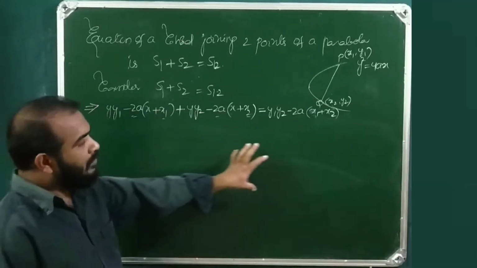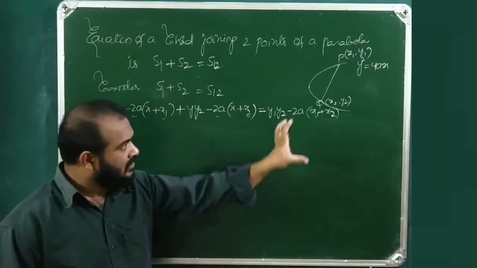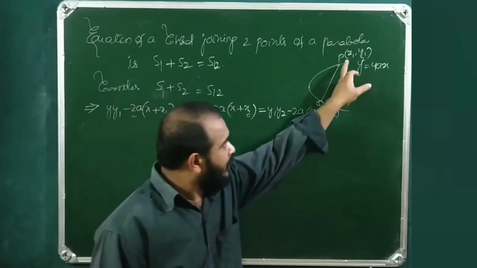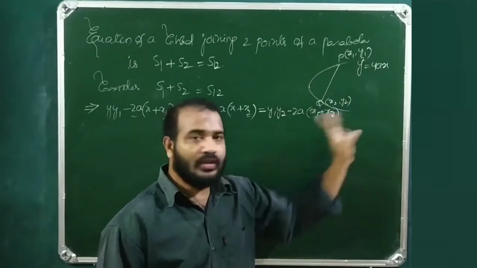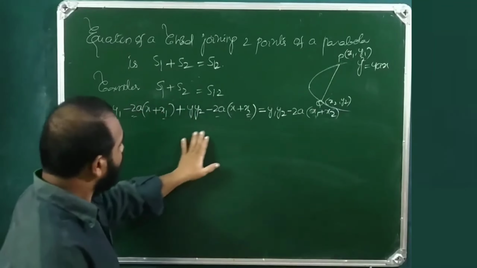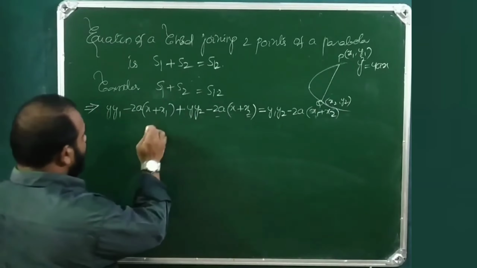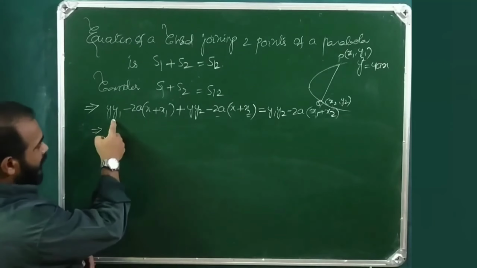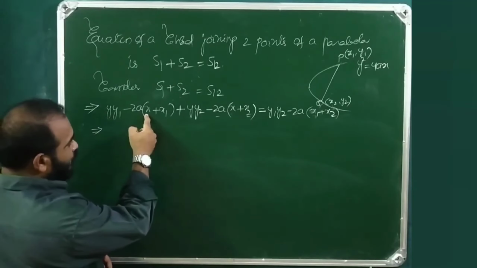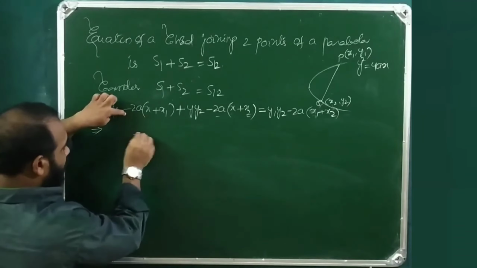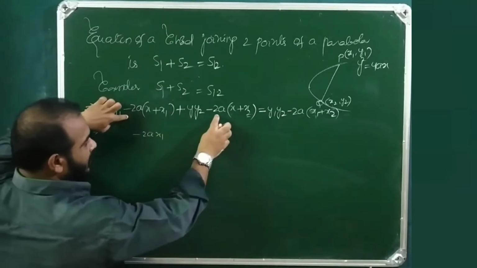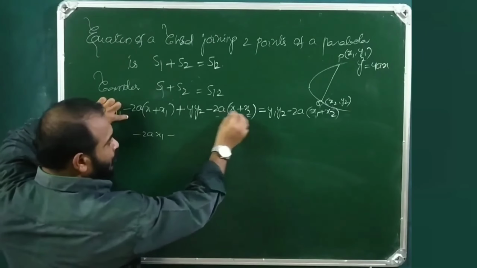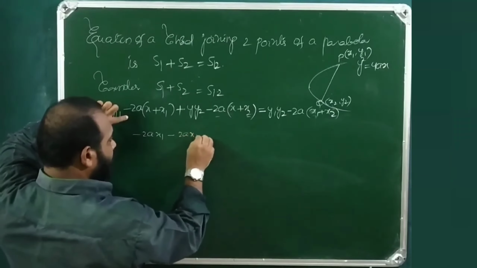So the intention behind doing all these things is just to say that P (x1, y1) lies on the parabola and Q (x2, y2) lies on the parabola. That's it. And if you see here, this is y1 y, this is minus 2ax. On expansion, minus 2a x1 is what we will be getting here, and here minus 2a x2.